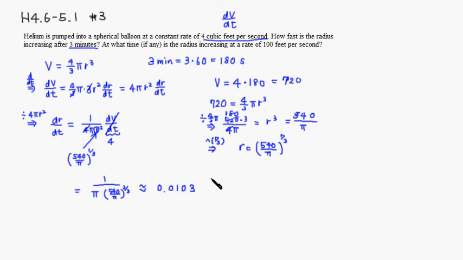So in this case, we know the radius is increasing at 100 feet per second, which is dr over dt. So this is given. Then we are trying to find r, then plug it into V. So let's do that.